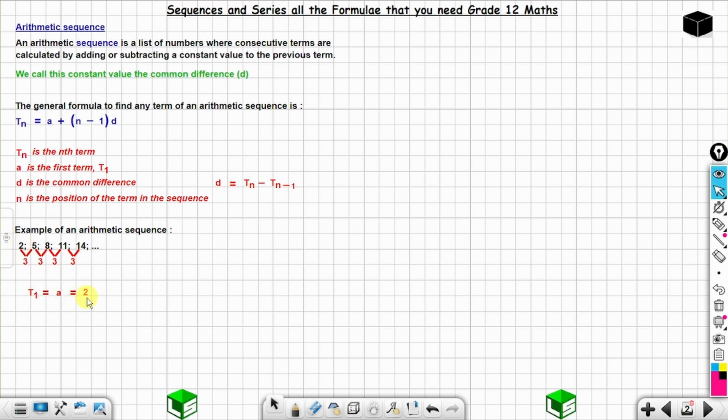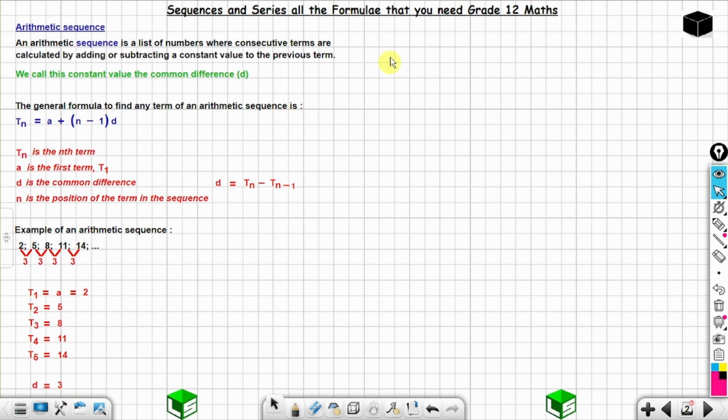T2 is equal to 5. T3 is equal to 8. T4 is equal to 11. T5 is equal to 14. And the common difference is equal to 3.